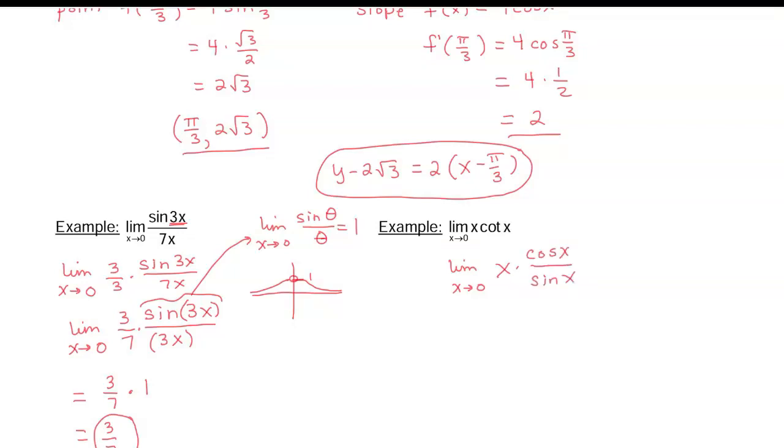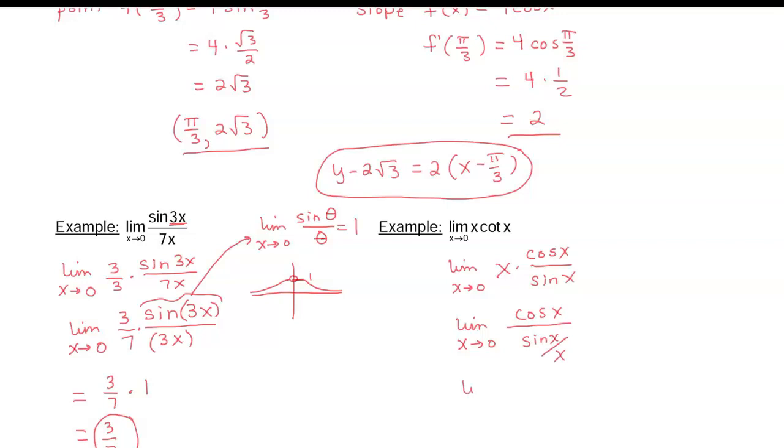Next, I want to change this expression from a product to a quotient. So I'm leaving cosine in the numerator. And I'm going to rewrite x, multiplying by x, as dividing by 1 over x. So in the denominator, I'll have sine x over x.